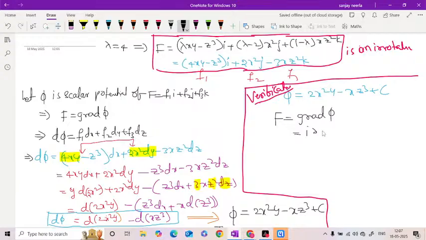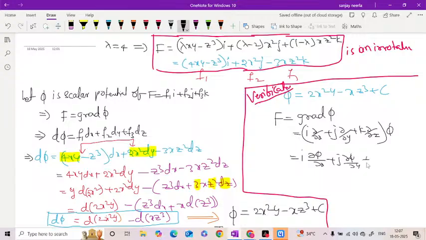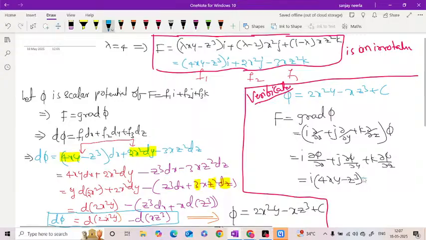That means i dou by dou x plus j dou by dou y plus k dou by dou z into φ. Now after differentiating, dou φ by dou x i, dou φ by dou y j and plus dou φ by dou z k. After differentiating with respect to x, what we will get here? 4xy minus z cube, plus after differentiating with respect to y, 2x square only. After differentiating with respect to z, minus 3xz square. So they match. So this is the verification.